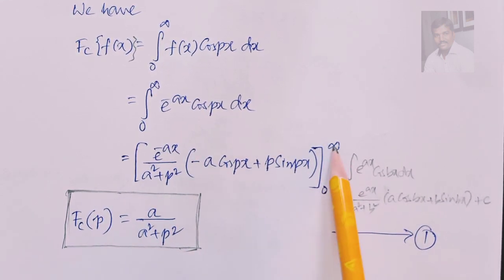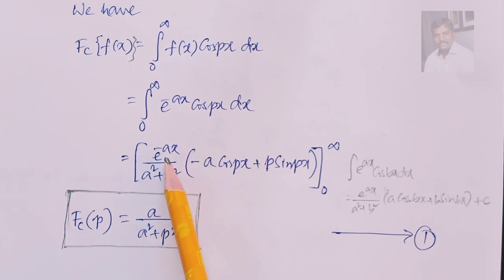Now for the upper limit, e^(-infinity) tends to 0, so the total term is 0. Then minus of the lower limit: e^0 is 1 by (a² + p²), and here cos 0 is 1 and sin 0 is 0.